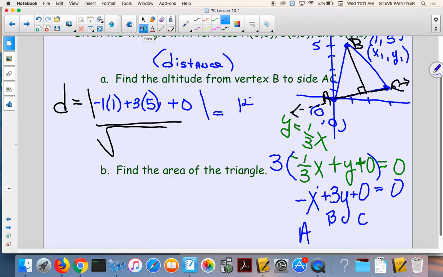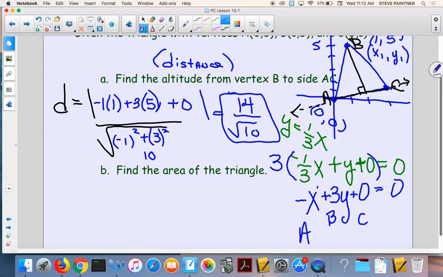Absolute value of 14 is 14 over the square root of a squared plus b squared, which would be -1 squared plus 3 squared equals 9 plus 1, 10. There it is. So the distance for your altitude is right here, or if you simplify, rationalize that is, what do you get? Did anybody rationalize?